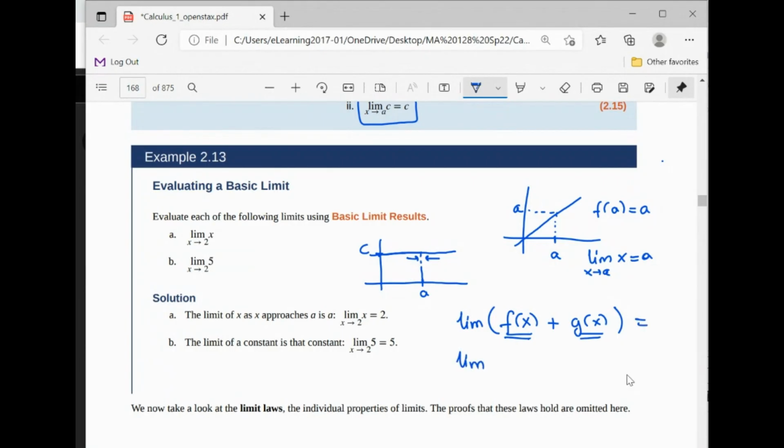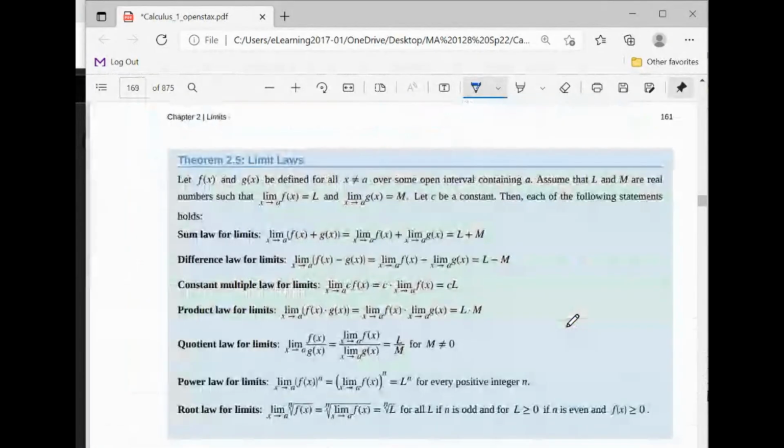So this equals the limit of the function f of x plus the limit of the function g of x. This is going to be a very useful rule, as x goes to a, you can just take the limit at any point.